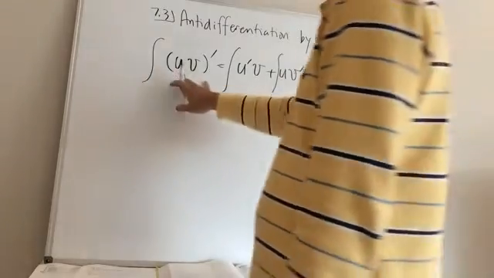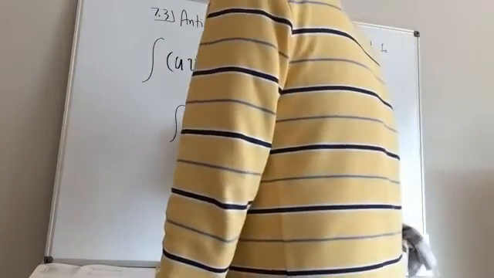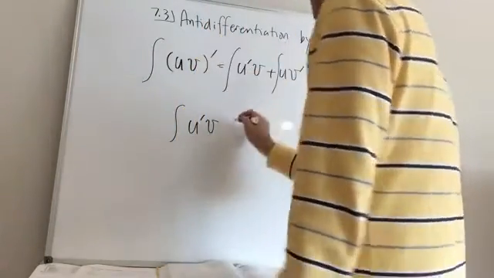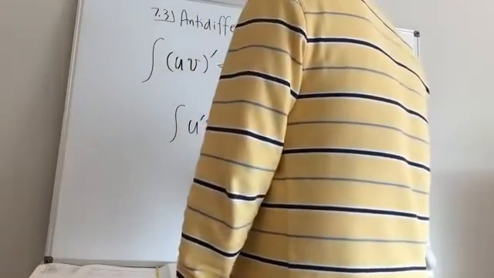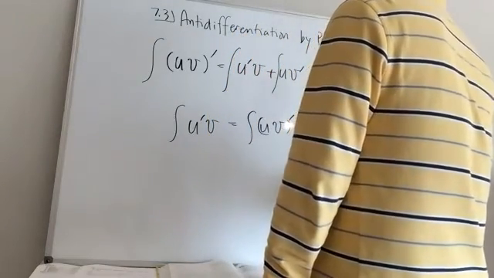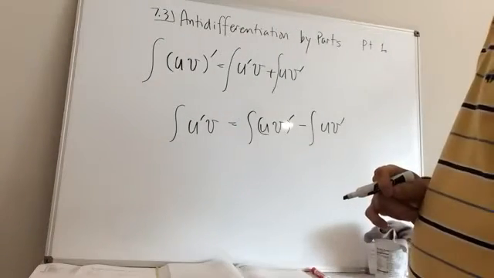So what does this become? Basically I have U prime V. If I solve for this, I can just move this over, so it's going to be UV prime minus UV prime as such.